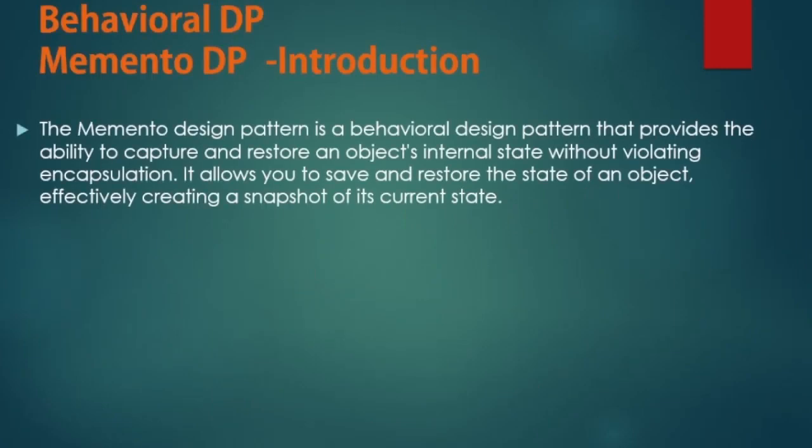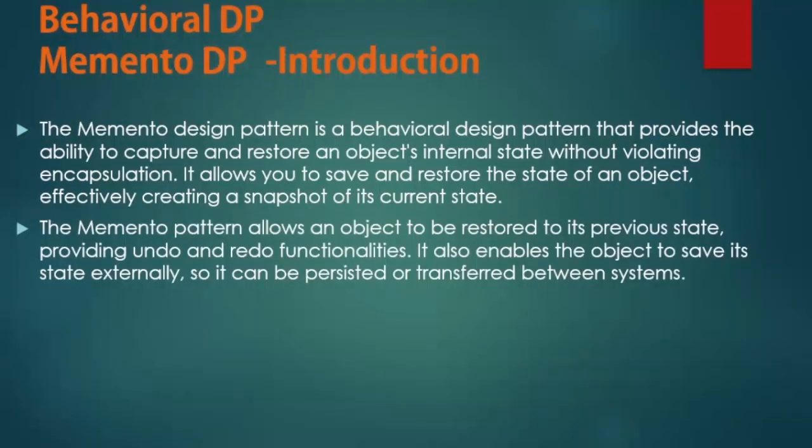The MEMENTO Design Pattern is a behavioral design pattern that provides the ability to capture and restore an object's internal state without violating encapsulation. It allows you to save and restore the state of an object, effectively creating a snapshot of its current state. The memento pattern allows an object to be restored to its previous state, providing undo and redo functionalities.